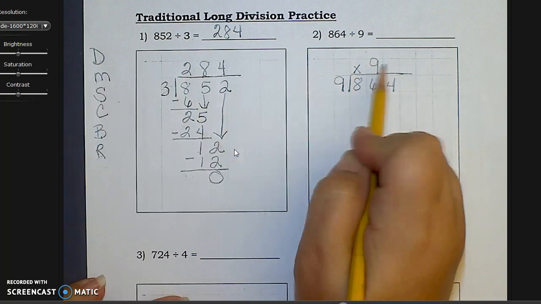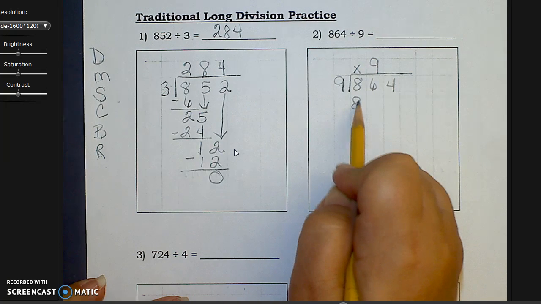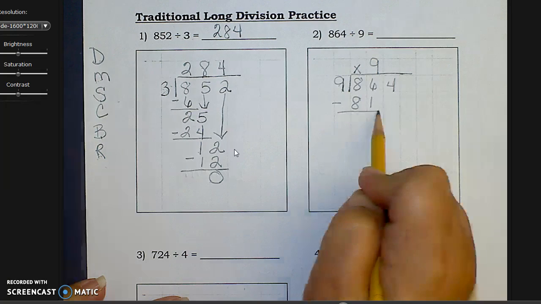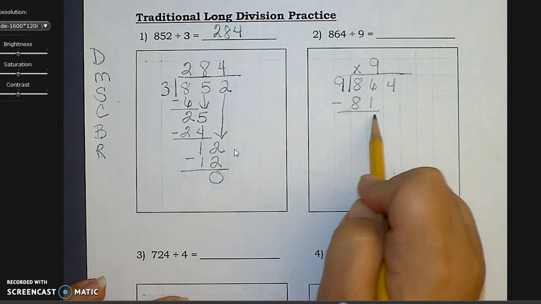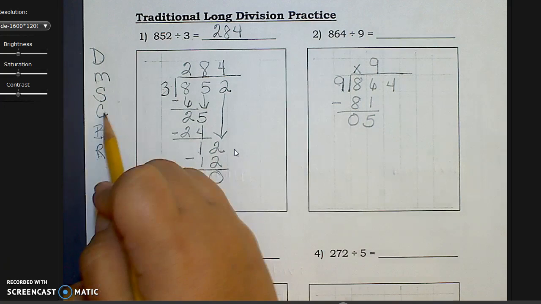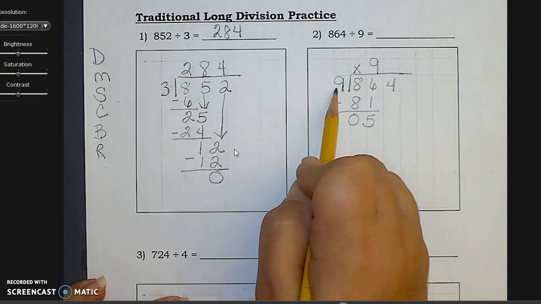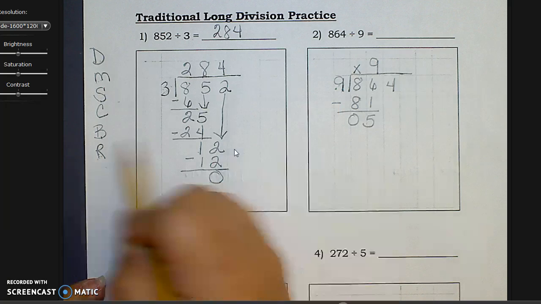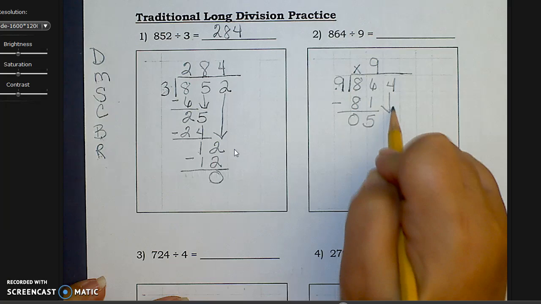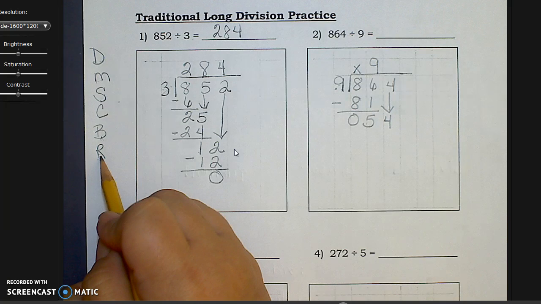I multiply. 9 times 9 is 81. Then I subtract, and I get 5. I check it. Is 5 less than 9? It absolutely is. Do I have anything left to bring down? I do. I bring down the 4, and then I have to repeat.